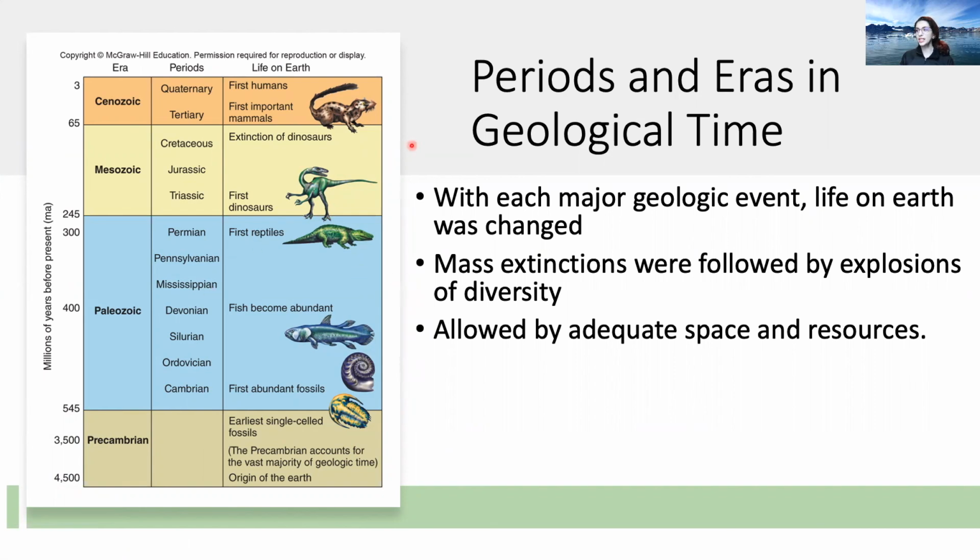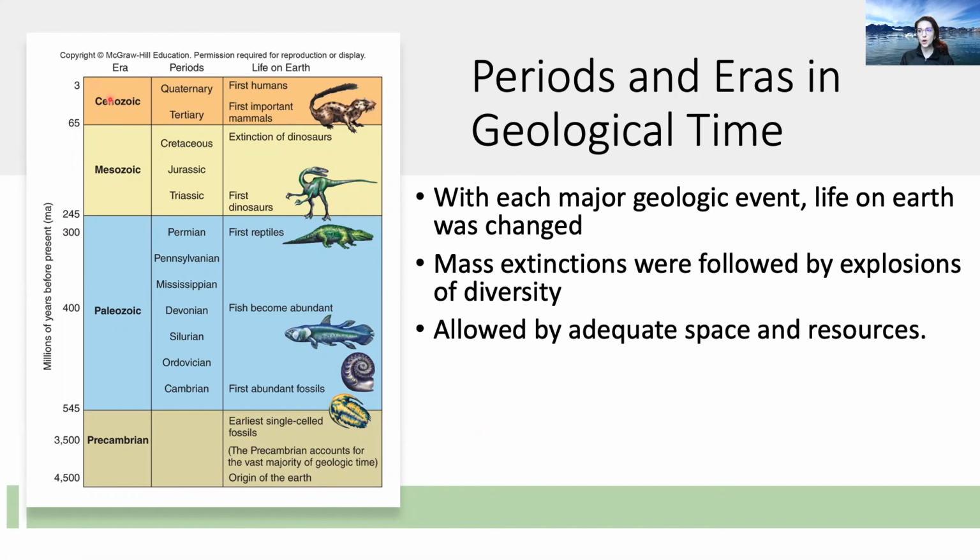And so the periods and eras in geological time are mainly telling us about specific major geological events. Those events that changed the face of life on our planet. So for example, the mark about 65 million years ago, that's where we see the extinction of dinosaurs. And so therefore that was a good place for geologists to define the Mesozoic from the Cenozoic.